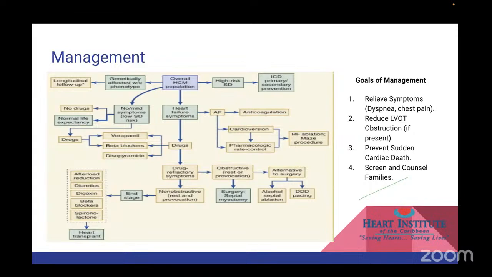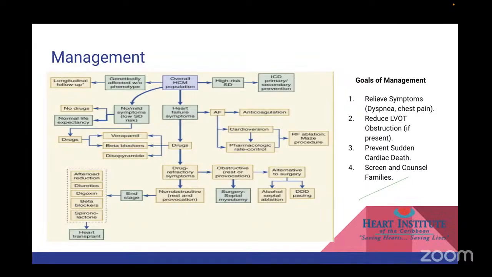And for those with NSVT, previous history of cardiac arrest, syncope, then the use of ICD is very important in them. But ICD placement for the sole purpose of participation in sport or competitive activity should not be performed.